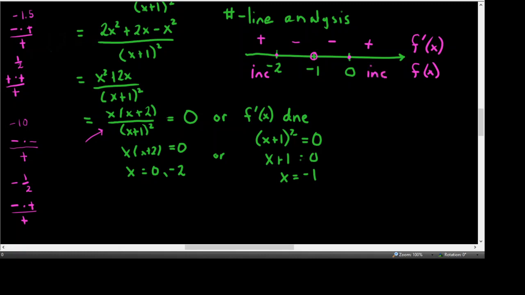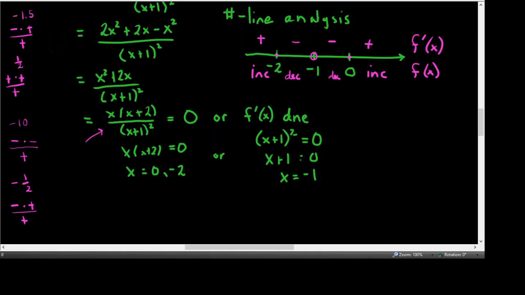When the first derivative is negative, the function is decreasing. Okay, so that's number line analysis for the first derivative to find out whether the function is increasing or decreasing, and on what intervals we could say that happens.